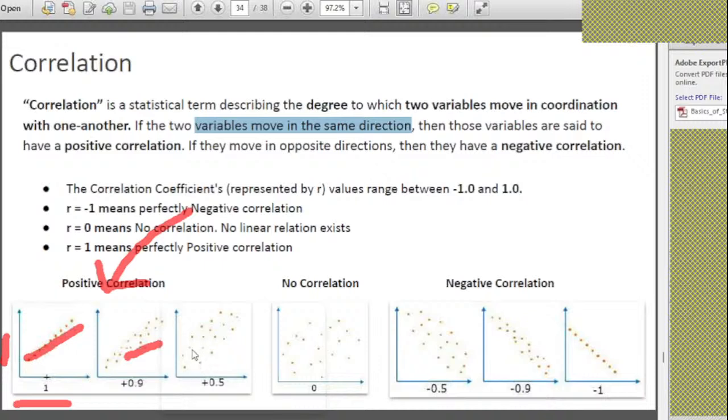Here, as x increases, there is an increase in y, but the strength is a little bit less. And here you can see the strength is more than this one, but less than the perfect correlation. This is called perfect correlation. Okay, so it measures.